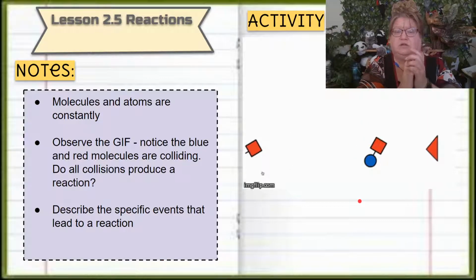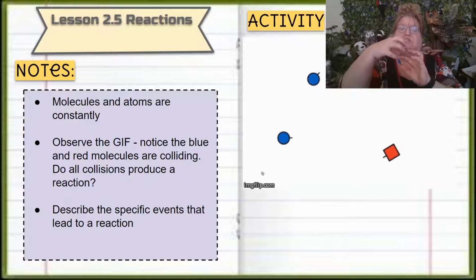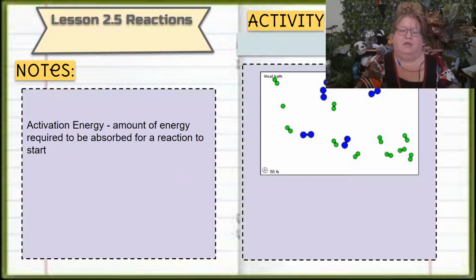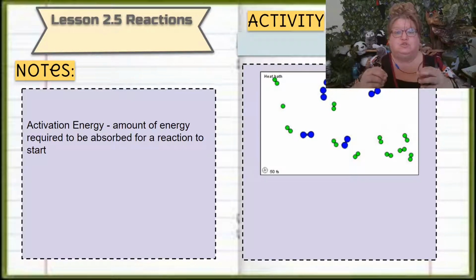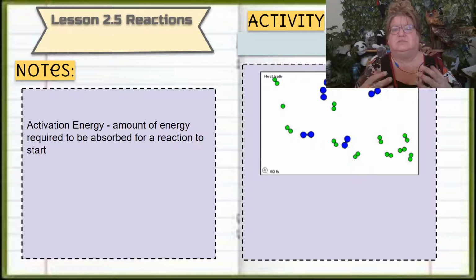Reactions require a certain amount of energy and a certain orientation in order to interact. So what we call that certain amount of energy is the activation energy. The activation energy is the amount of energy required to start a reaction, to kind of get that reaction going, to change the bonds holding those atoms together.